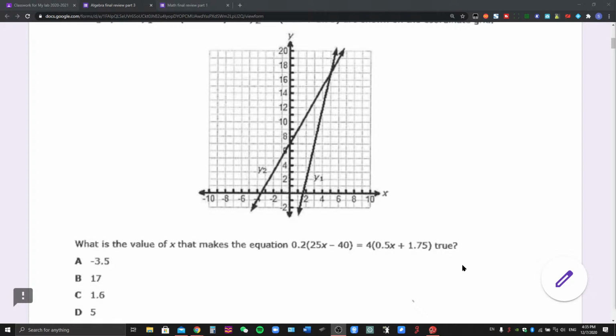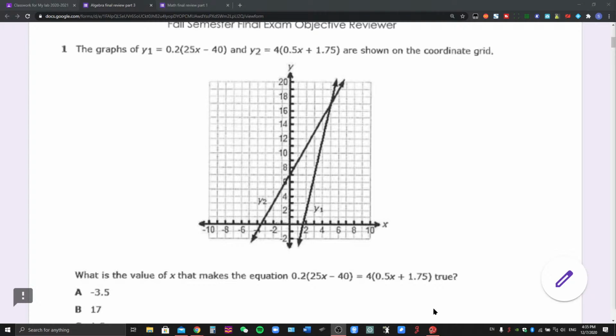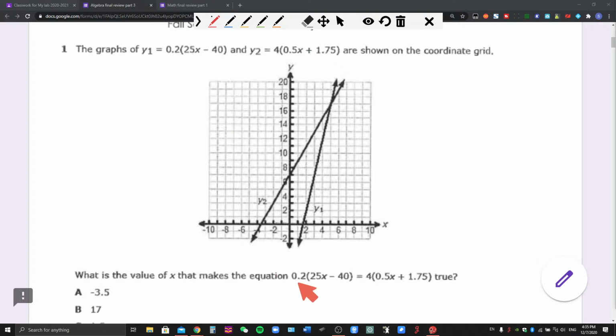All right, this looks like a complex situation. However, if you can tell that the left side is exactly y1, and the right side is exactly y2, then you're basically doing y1 equals y2, or the common solution for the two graphs.